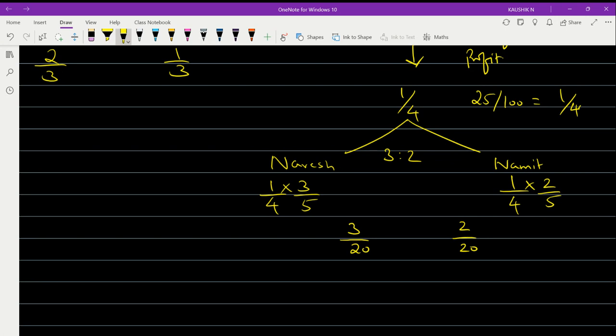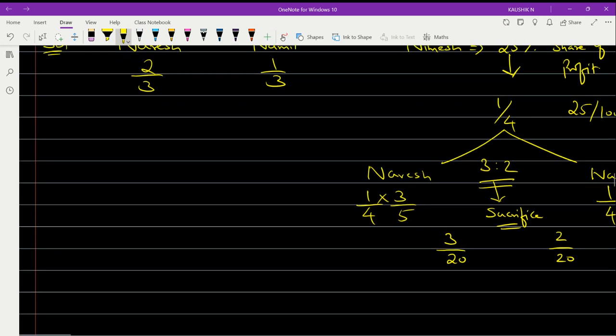Now this 3 is to 2 is nothing but the sacrifice between the partners Naresh and Namit. Now we need to calculate NPSR. The NPSR formula is equal to the old ratio minus sacrifice.